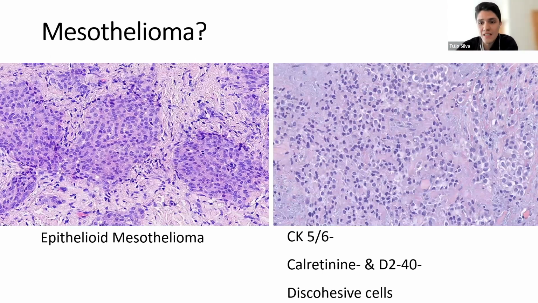We thought it was less likely because of the immunophenotype of the tumor and also the morphology. On the other hand, epithelioid malignant mesothelioma was a good alternative, although rare, but the negativity for cytokeratin 5 and 6, calretinin and D2-40 also being negative, and the presence of discohesive cells could be against that possibility, even though we think it was a good option.